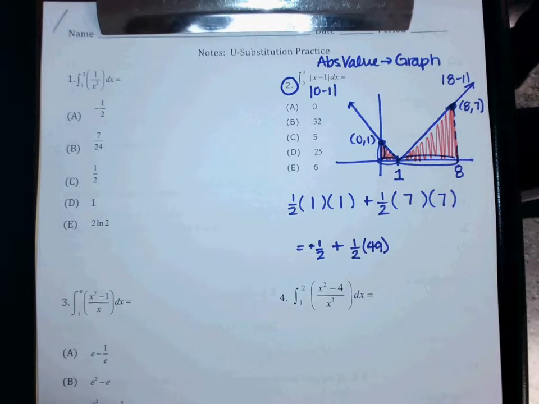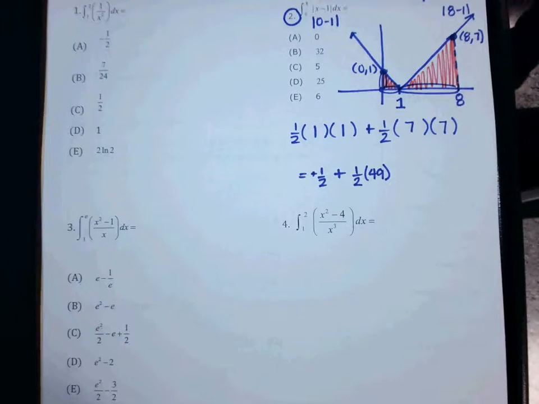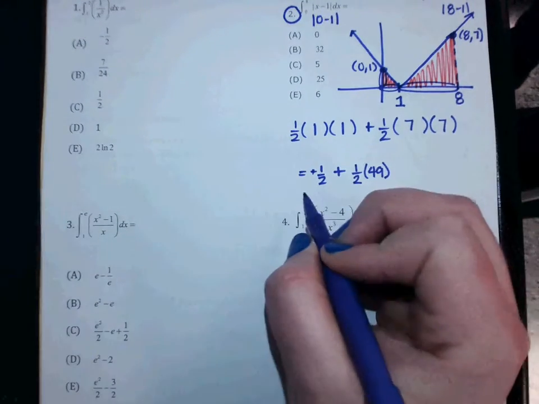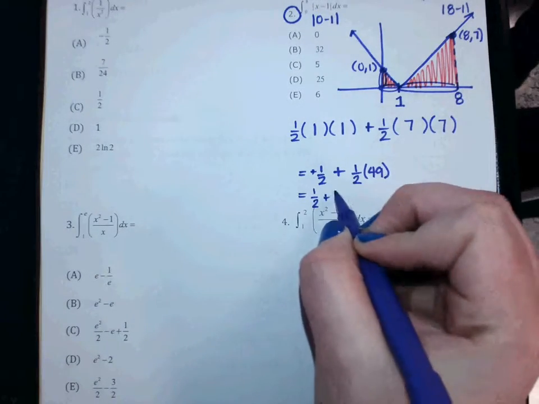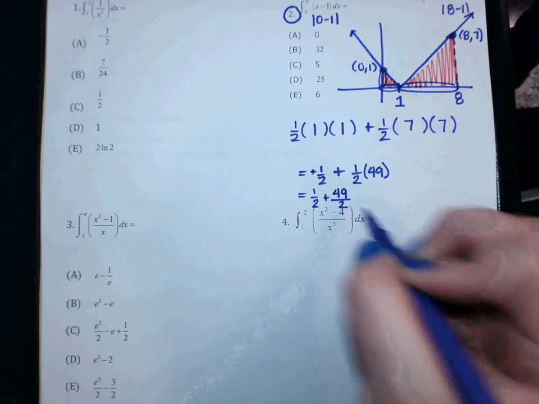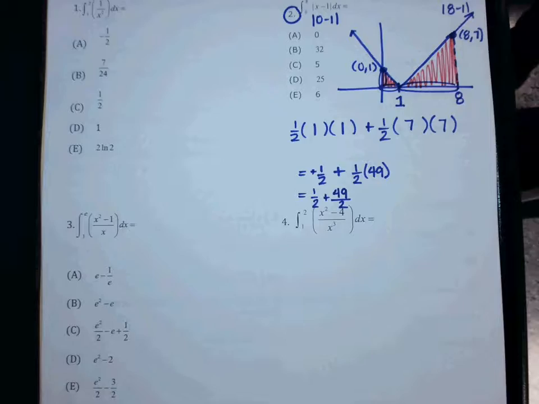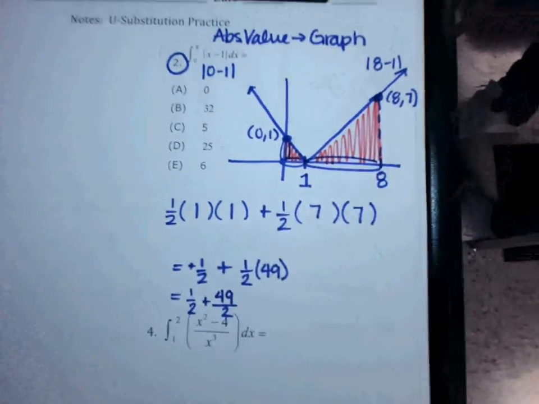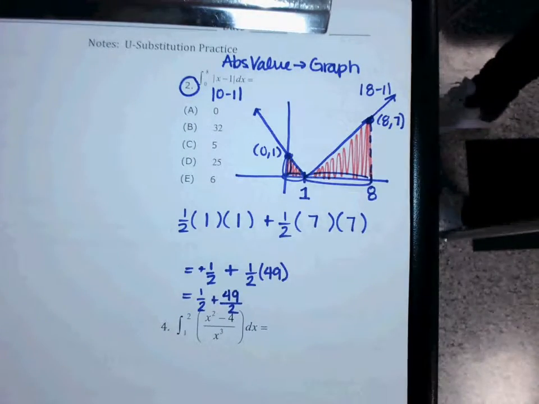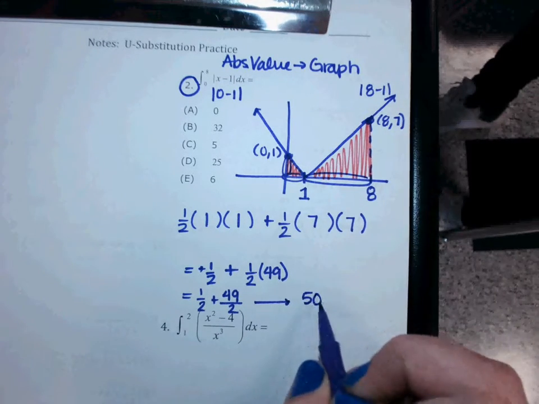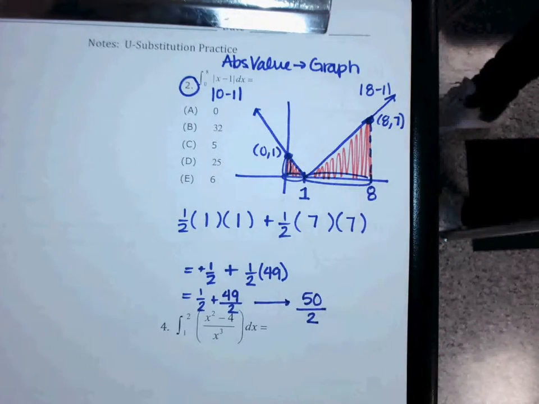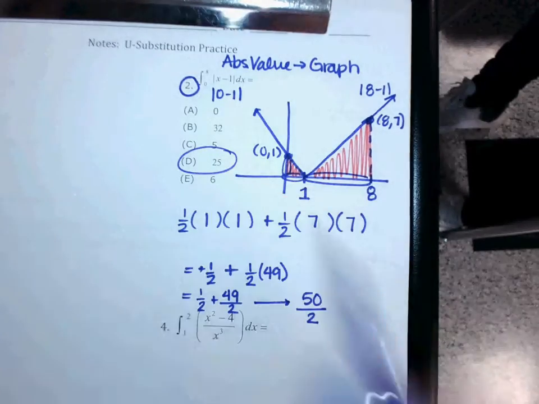Now, an easier way to write that would be 1/2 plus 49 halves, which is how much? What is 1/2 plus 49 halves? 50 halves. Oh, you did say that? I thought you said 14 halves. Okay, and then 50 halves is the same as 25.